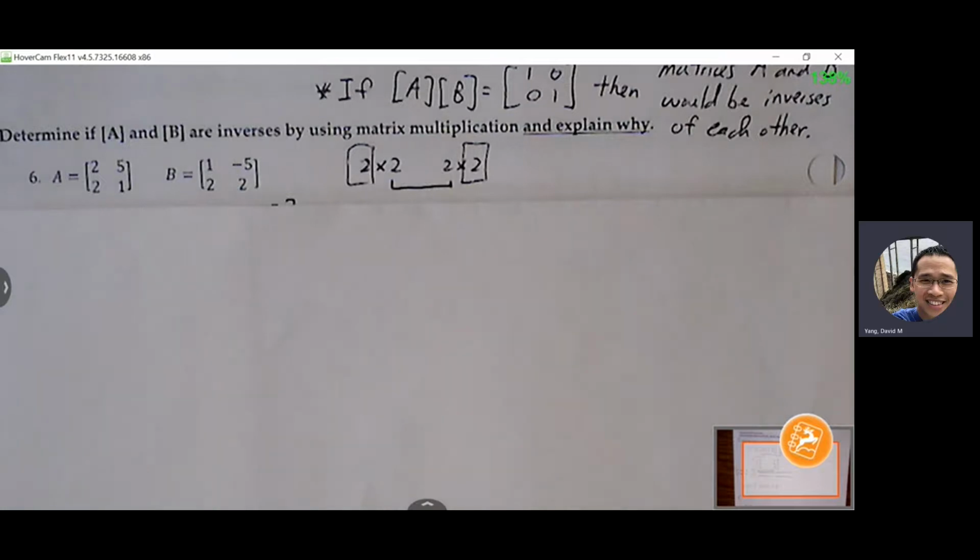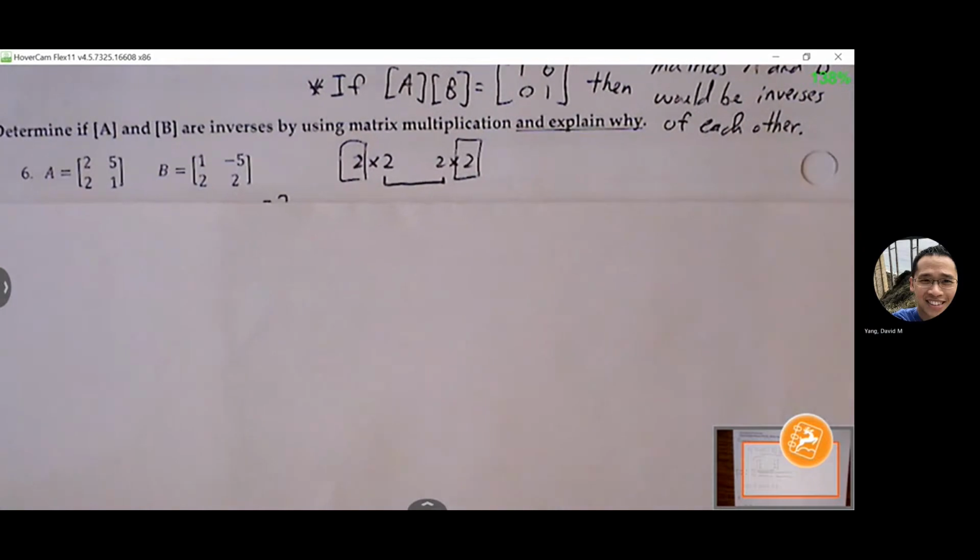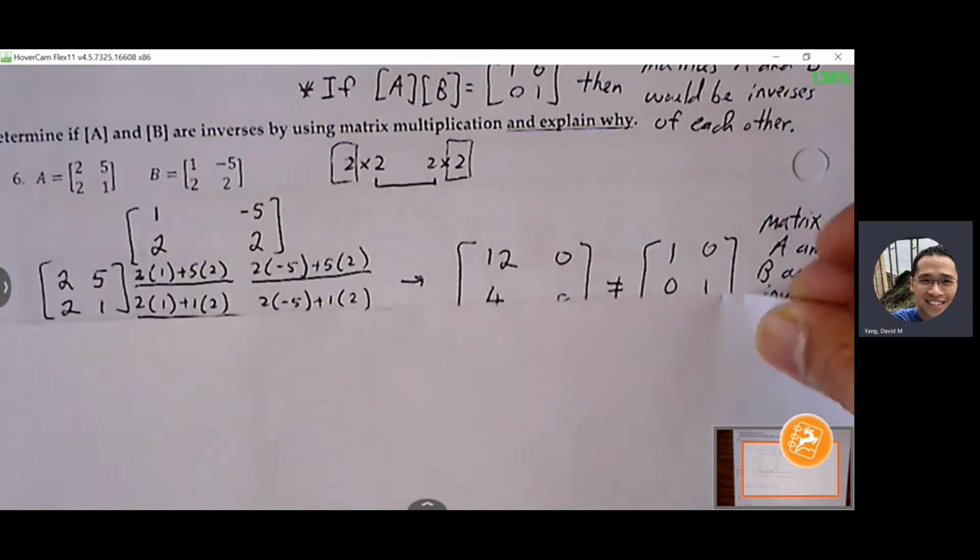Okay, so are matrix A and B inverses of each other? They're not. Okay. Show the work and explain why.